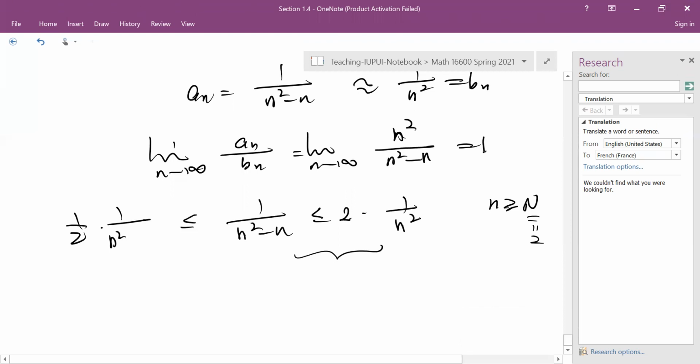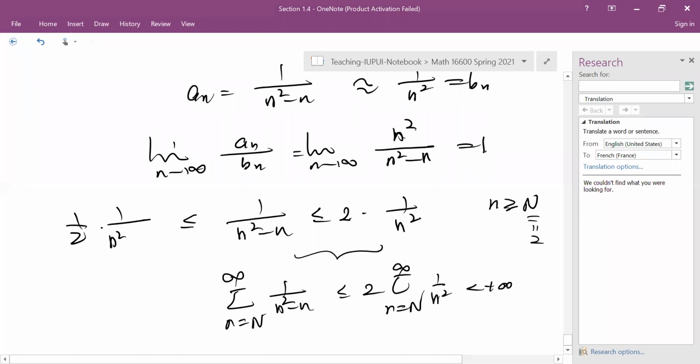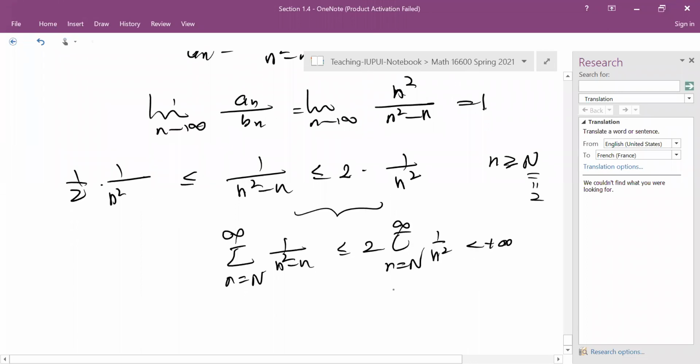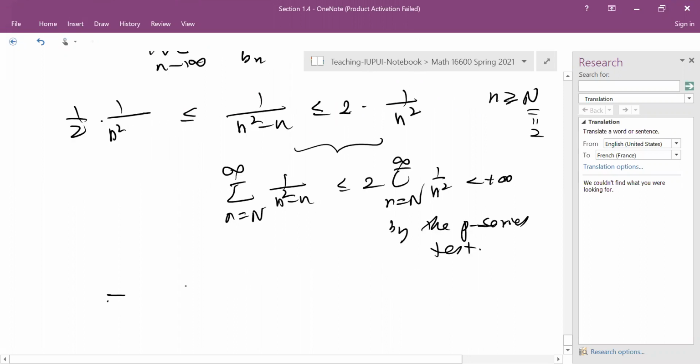That's why you have n starting from some capital N, and then you can determine what capital N is. This is finite by the p-series test. So that's why we use the limit comparison test.